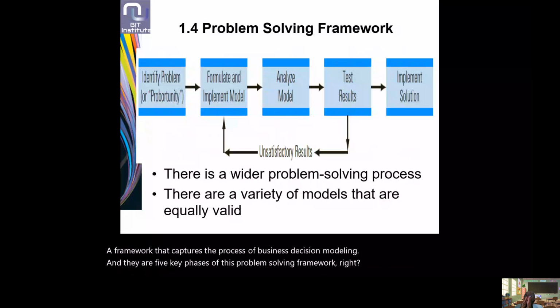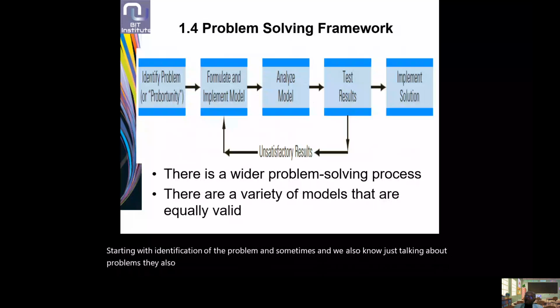Starting with identification of the problem, and we are also not just talking about problems, there are also opportunities. So you're either talking about identifying the problem or opportunity, and the text refers to this as opportunity.